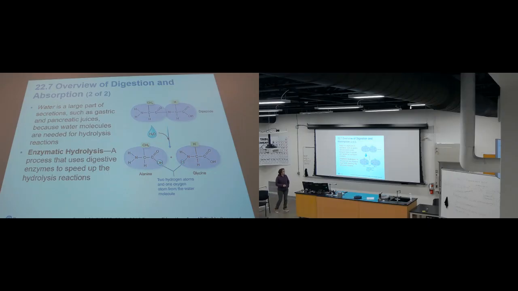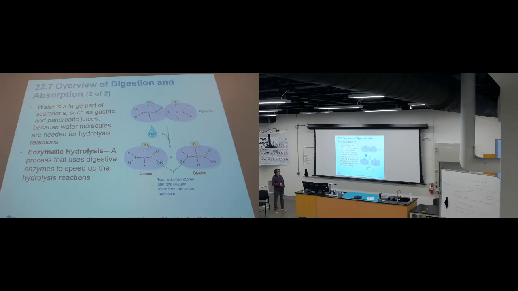Now, in the case of digestion of proteins, you have here two amino acids joined by a peptide bond. Since you have two amino acids, this is called a dipeptide. One of the processes of breaking down proteins is by adding a molecule of water to break down this dipeptide link.